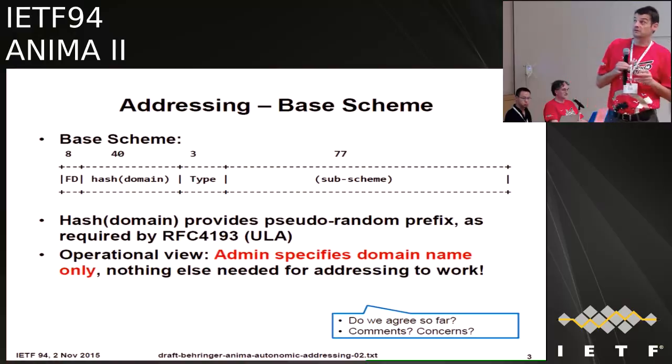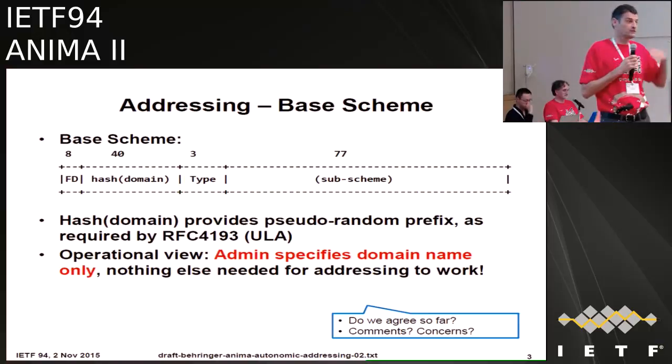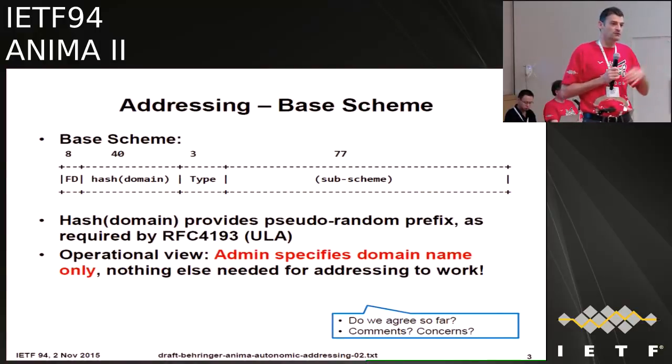And the proposal here is to use the hash of the domain name as the prefix in the ULA. So we assume that the operator puts into the system somewhere on the registrar the domain name of his domain. And you see across all the documents, we always have the domain name. So there's example.com.